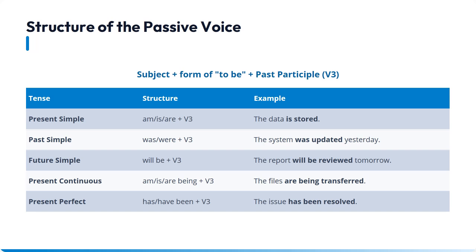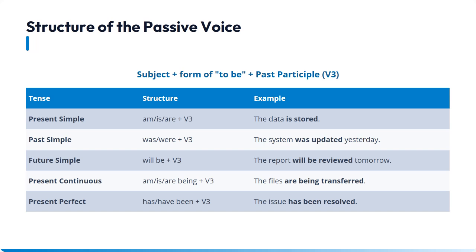When we are focusing on the action rather than the person, we form the verb to be in the present continuous, that is to say, am, is, are, plus being, plus the past participle. For example, the files are being transferred. Here we understand that this action is happening now.